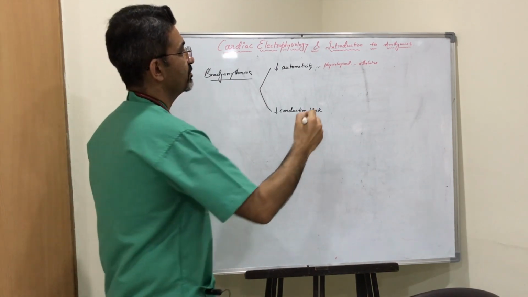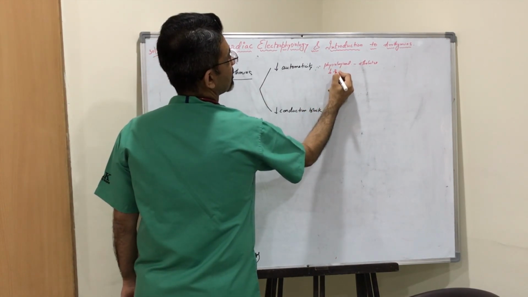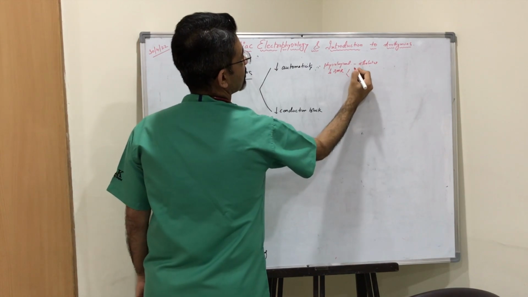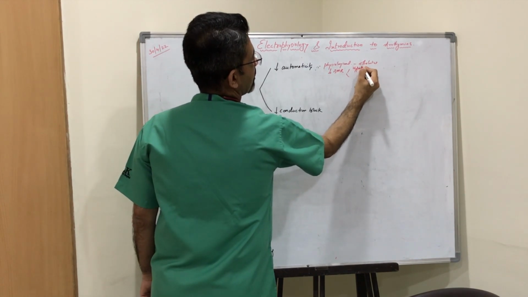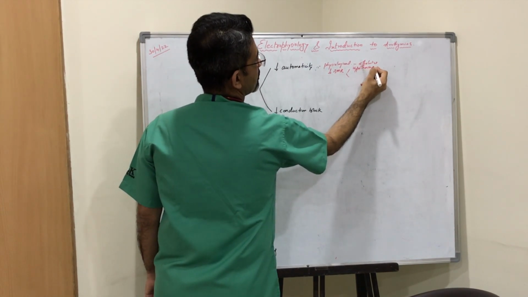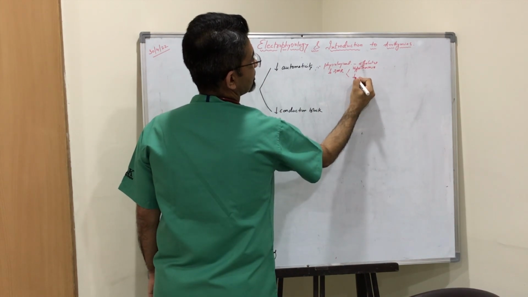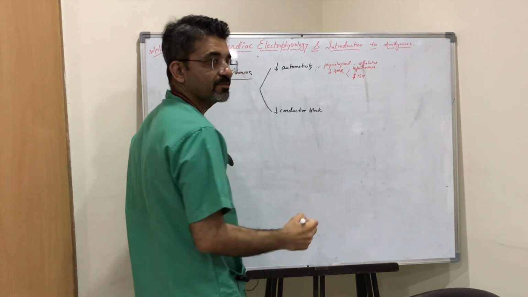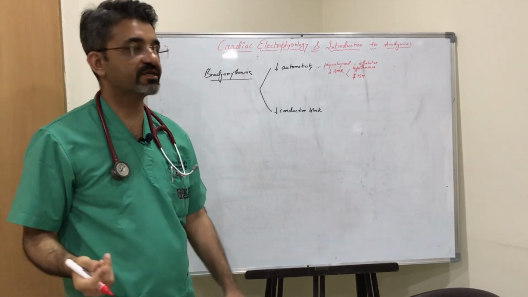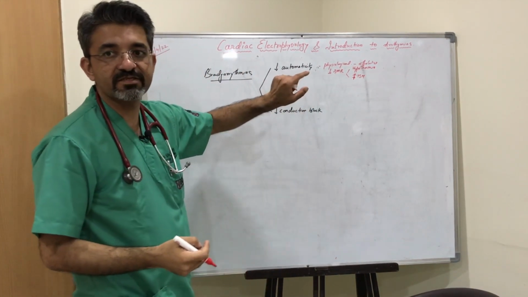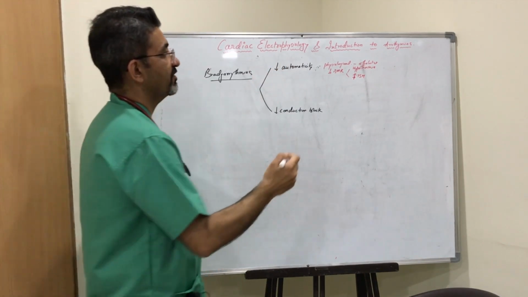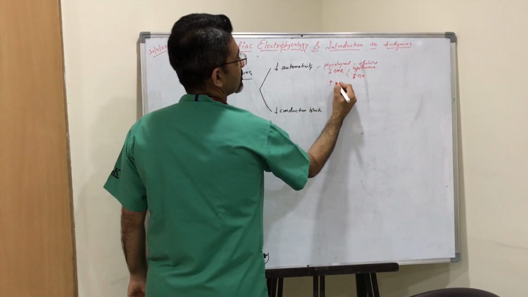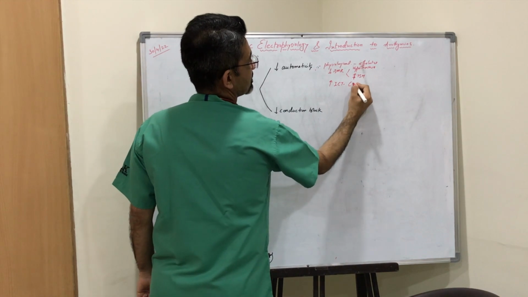Say for example, hypothermia, decreased BMR. Or you have high TSH, hypothyroidism, myxedema coma. You have bradycardia because of decreased automaticity. You have increased intracranial tension, known as Cushing's reflex.